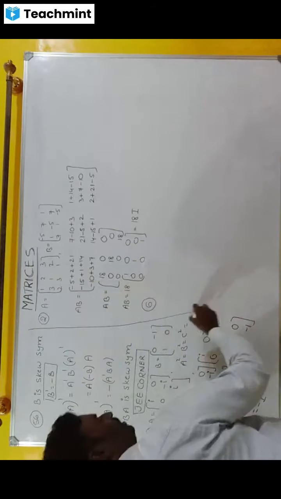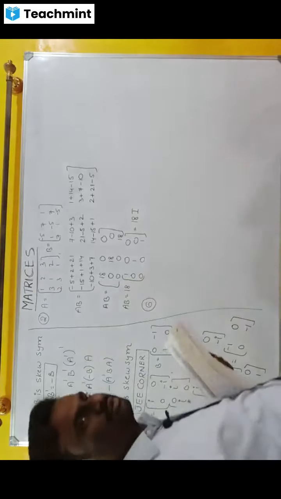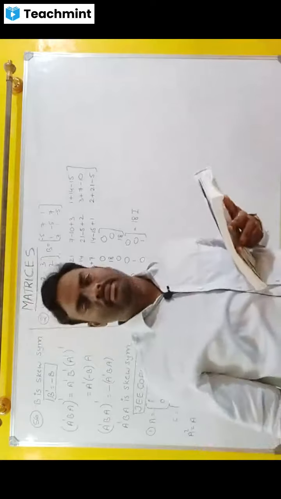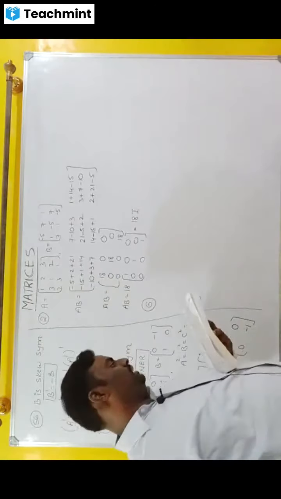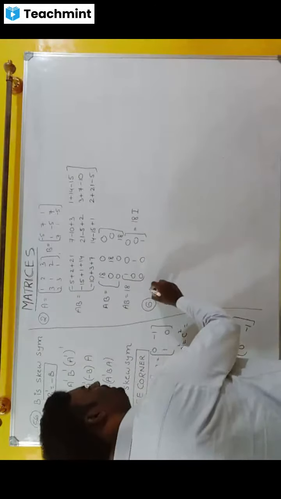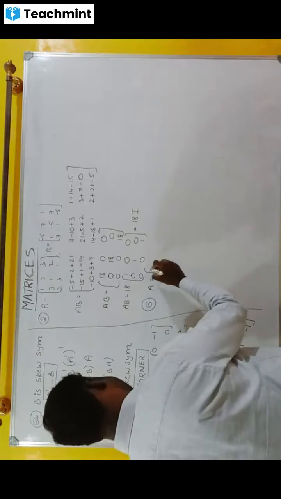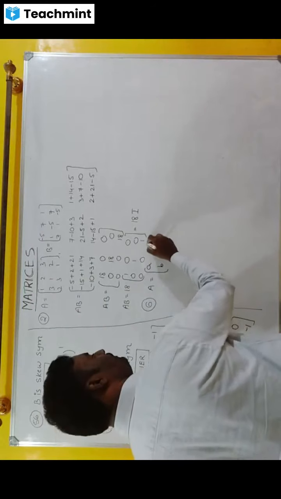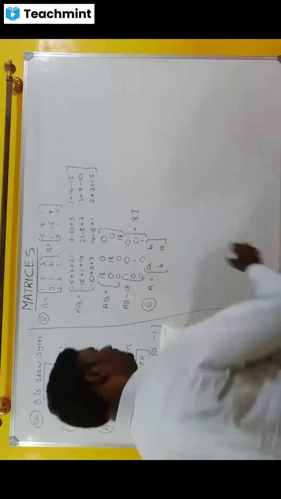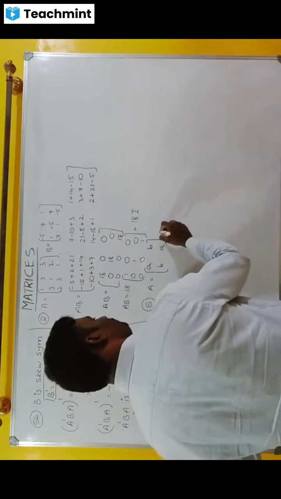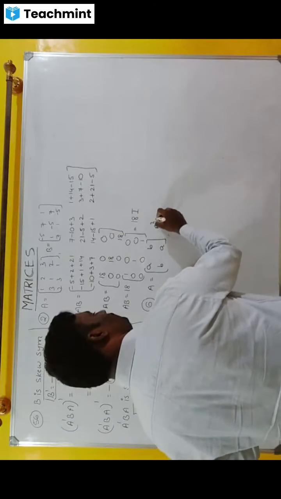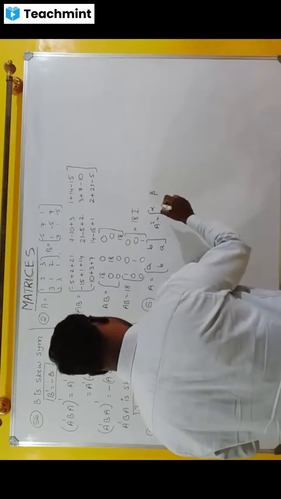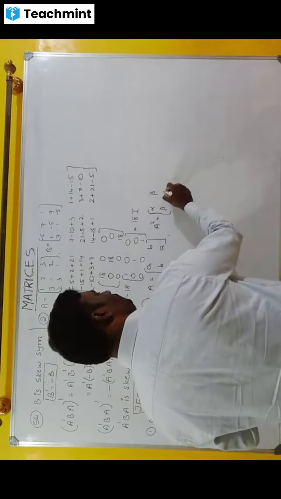Don't be confused about why question 6 is explained after the second question. Between the questions there are determinants questions. We will discuss those questions later. Next, the 6th question. A matrix is given: A is [a b; b a]. Next, A square is given as [alpha beta; beta alpha].